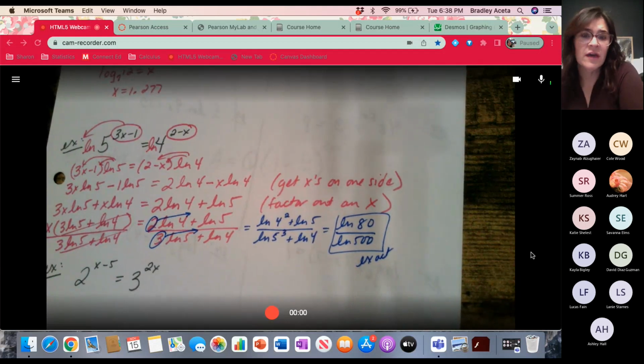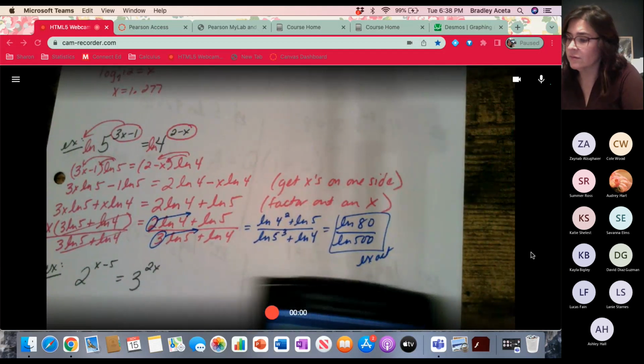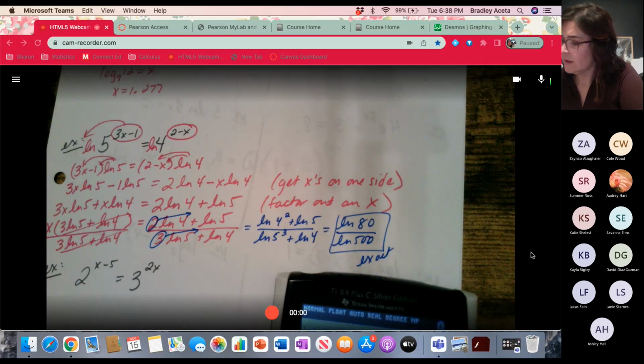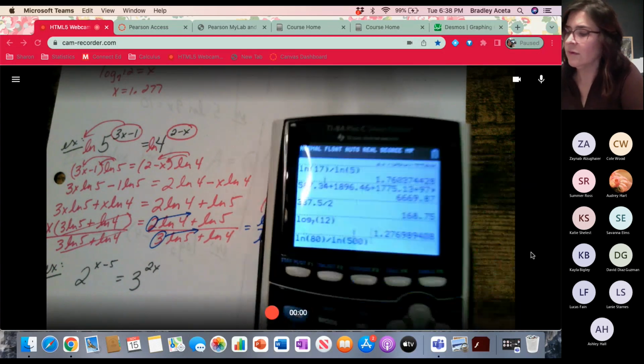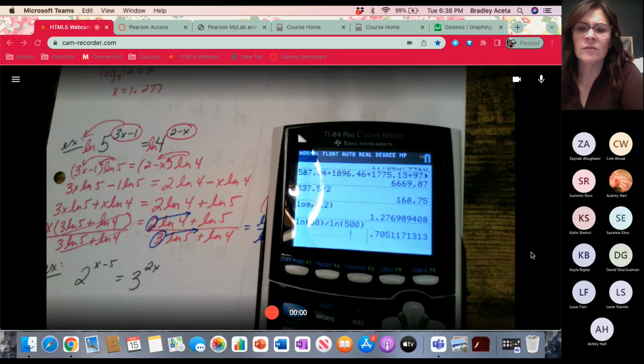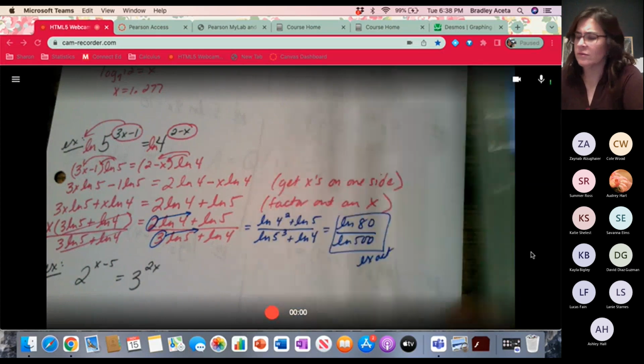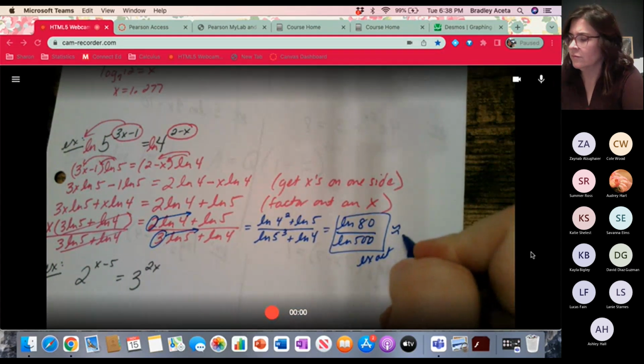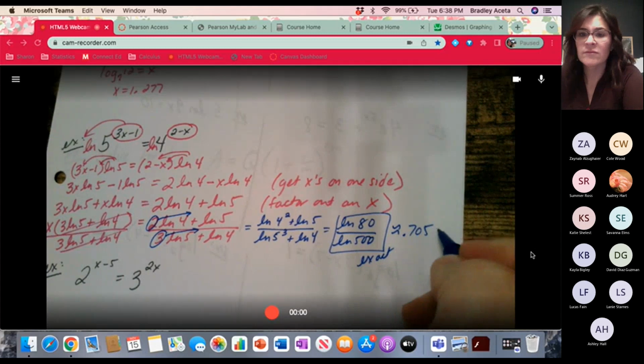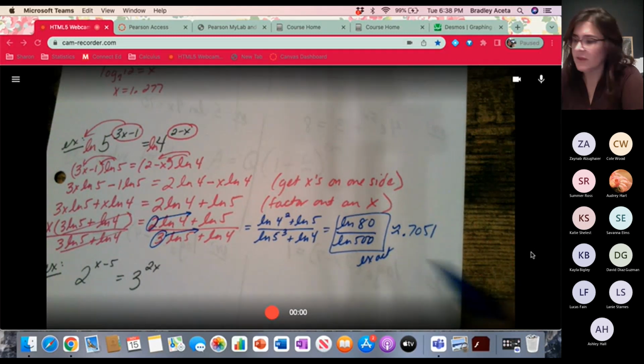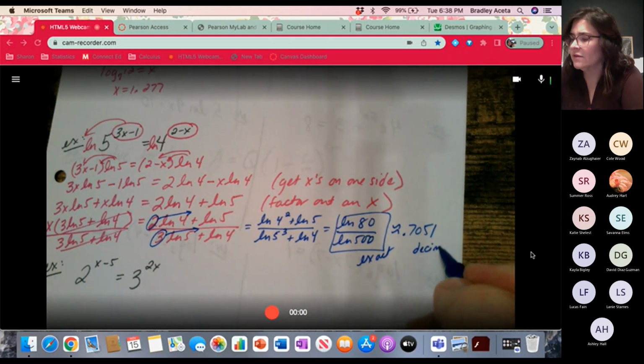And then you just use your calculator to get the decimal. ln 80 divided by ln of 500 is 0.7051. And this is the decimal. And I think it asks for both.